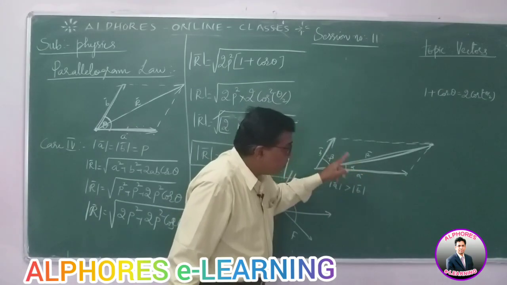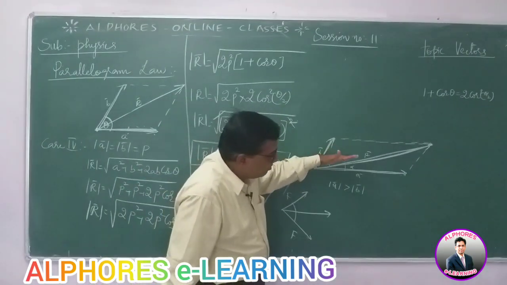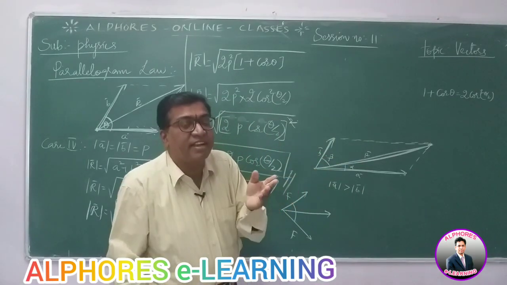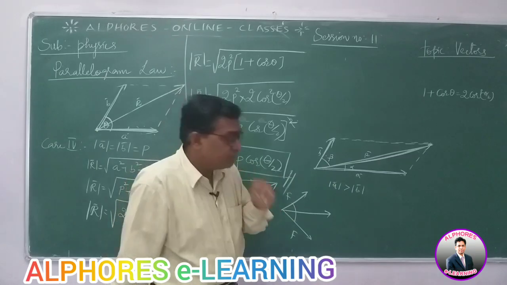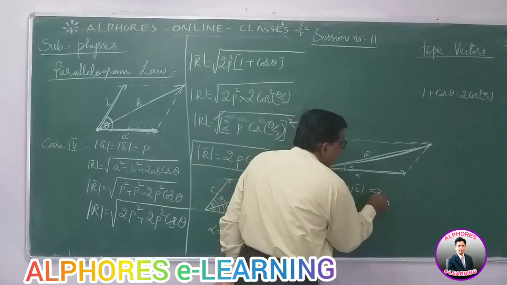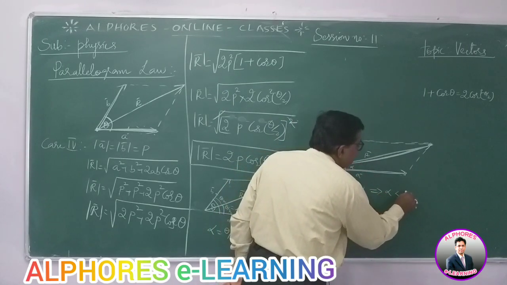So if there are two vectors of different magnitude, then the resultant will be nearer to the bigger vector, the vector of more magnitude. So if mod A is greater than mod B, then the angle made by the resultant with the first vector, alpha, is less than beta.